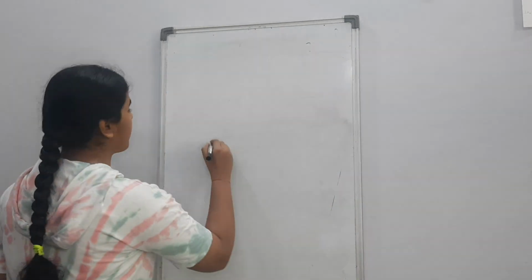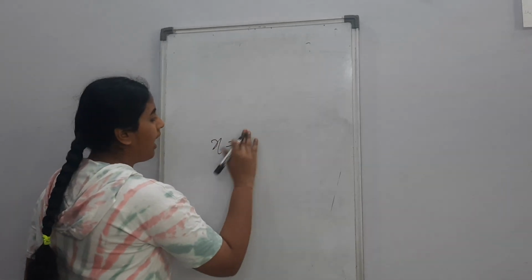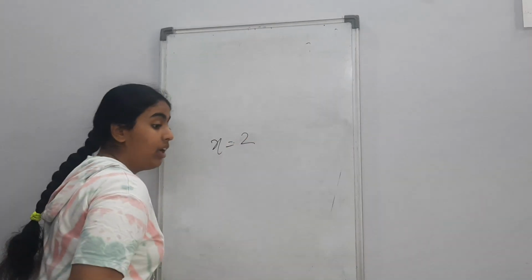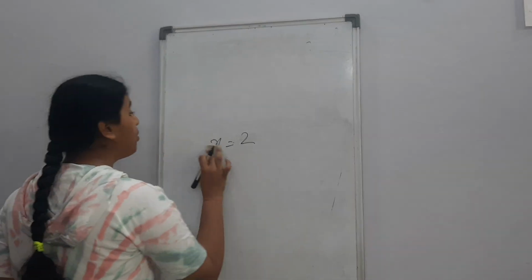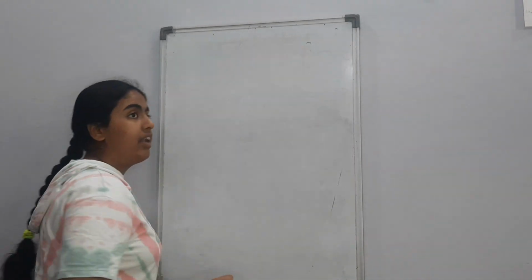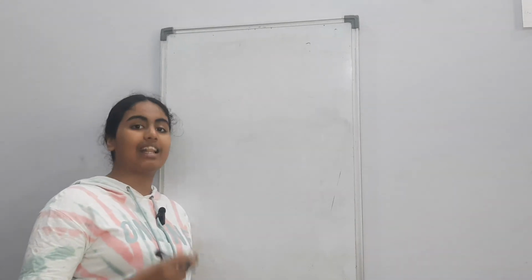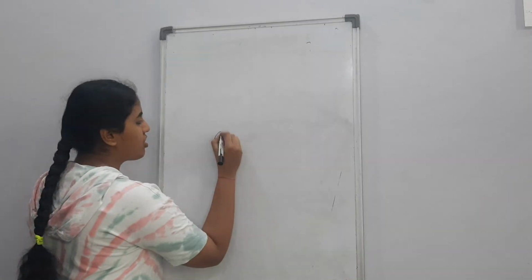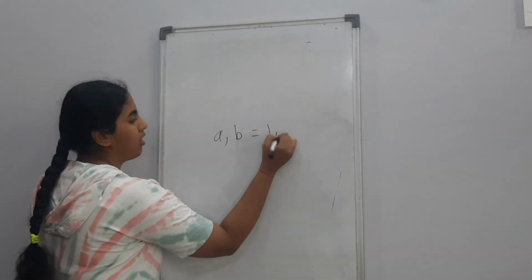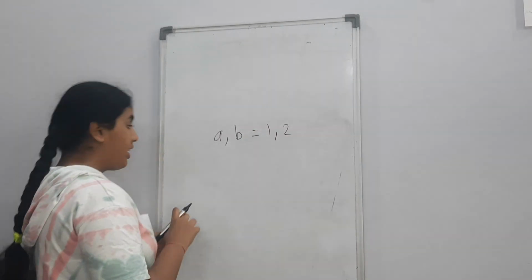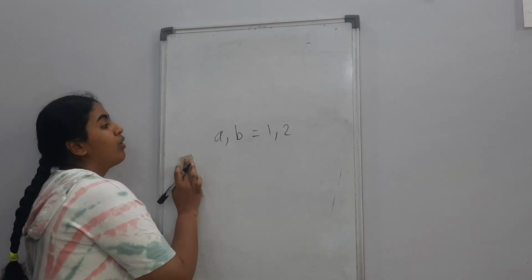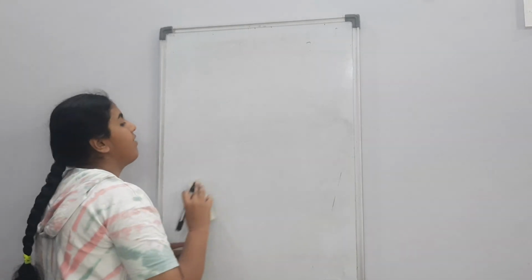And then we move on to variables and their assignments. I told you how values are assigned to variables. You just put an equal to sign and then you get a value for the variable. For example, let's say you want to assign two values to two variables at the same time. You could just do this: a comma b equals 1 comma 2. Or let's say you want to assign three values at the same time.